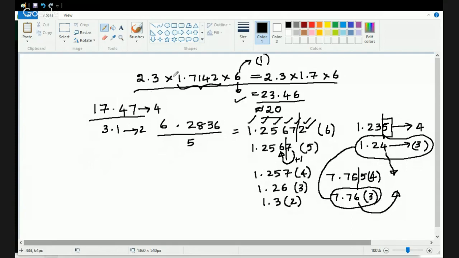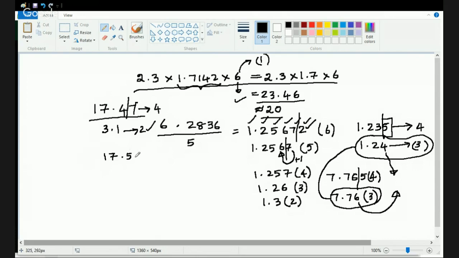Whether it is multiplication or division, the technique is you round off the terms to a number of digits 1 greater than the least number. The least number is 2. 1 greater than 2 means 3. Then how do you want me to write the top one? Shall I write the numerator as 17.5, please? My dear, if I round off the top one to 3 significant digits, the 7 is greater than 5, no?